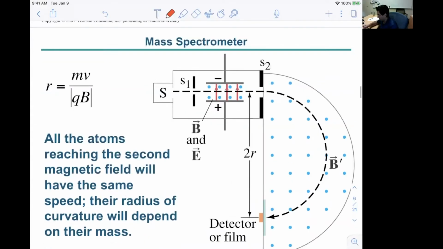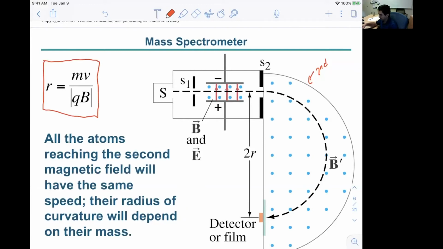Then it enters a magnetic field medium, the second medium, which has only a magnetic field. Then the particle moves in a circular, cyclotron motion and hits the detector. By looking at where it hits, you can determine the mass, because the radius of the motion depends on the mass.